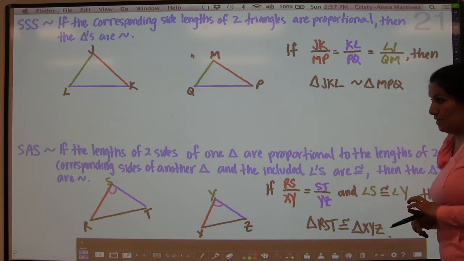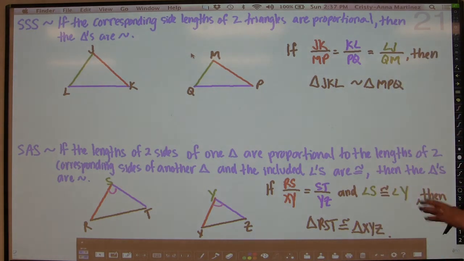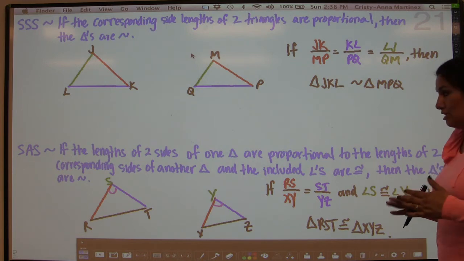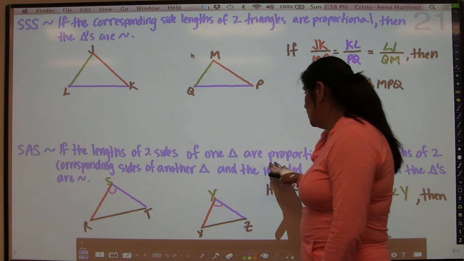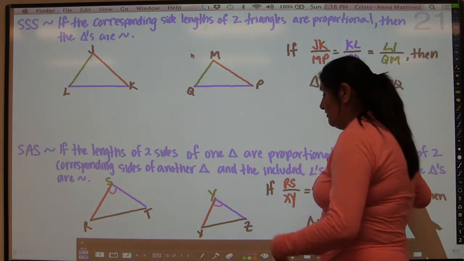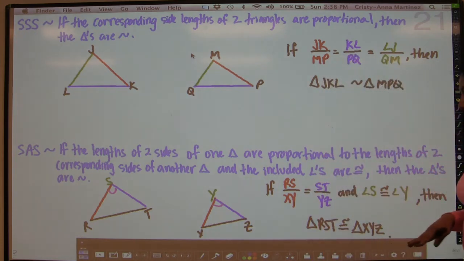That's side-side-side similarity. In the side-angle-side similarity case, it's a little bit different. We have only two pairs of sides that are proportional, but again, the angle has to be in between those two sides that are proportional. Again, it's all color-coded. It says if the lengths of two sides of one triangle are proportional to the lengths of two corresponding sides of another triangle, and the included angles are congruent, then the triangles are similar.